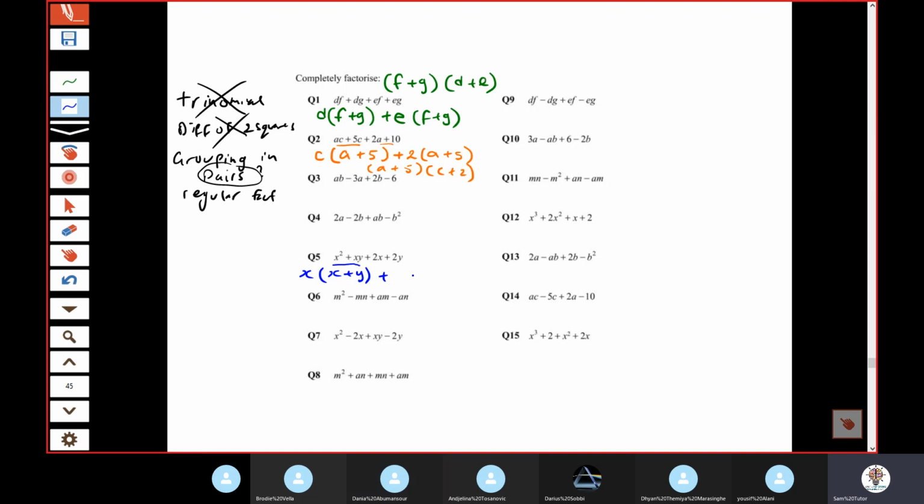Plus 2 bracket X plus Y. And then look, you're right because you got the pairs. So then your answer is? Bracket X plus Y and then bracket X plus Y. Ooh, no. One of them. So the ones that are the same, we only write 1. And then whatever's left, X plus 2 is left. Yeah.